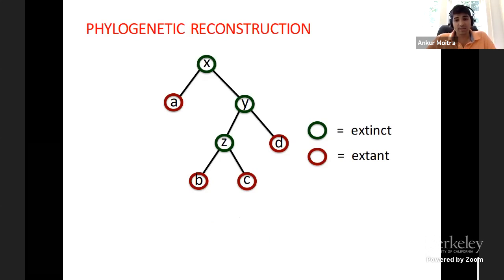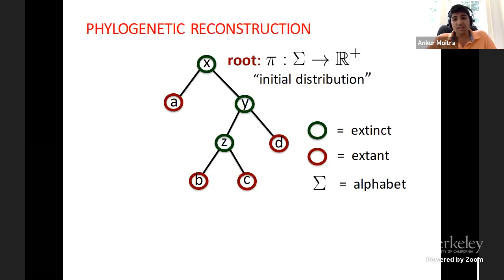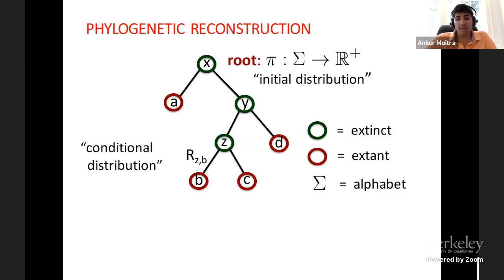But the way that this works in terms of a stochastic model is that you assume that there's some alphabet sigma. And this could be a size 4 alphabet like A, C, T, and G. It could be something bigger like the set of all proteins. You get to pick it. But what you assume is that there's some underlying distribution on the root. So you first choose what symbol is assigned to the root. And then there are a bunch of transition matrices that describe how the symbol for a parent affects the distribution for the symbol of its child.